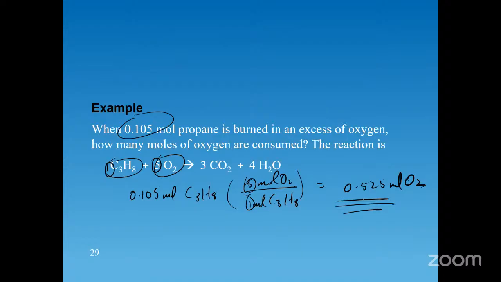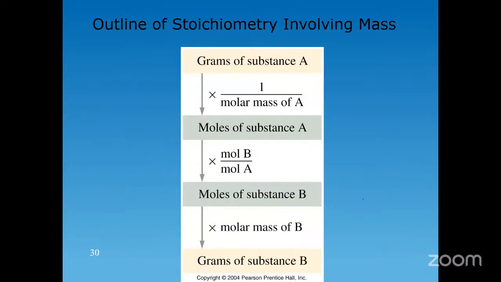Okay, so, continuing. This is basically an outline of the approach you'd take to solving a stoichiometric type problem, right? And it all depends again on how the question is worded.